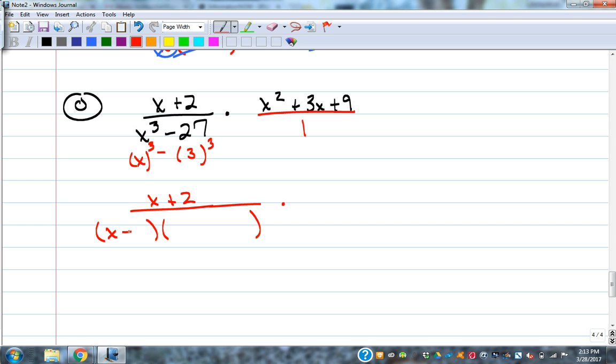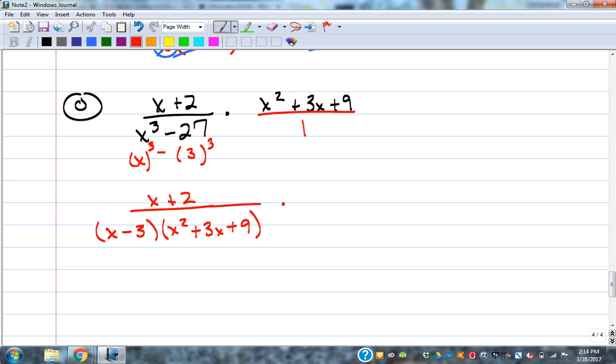X minus 3, times x squared minus 3x, plus... What was the last piece? Minus 9. Close. What is it? It's always a plus. Always a plus in the third spot. Third time's a charm. Maybe that helps you. All right.